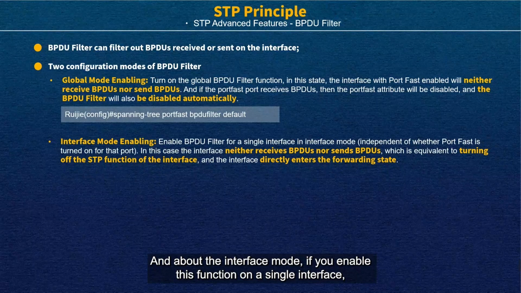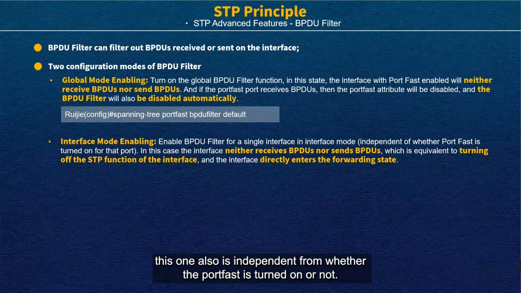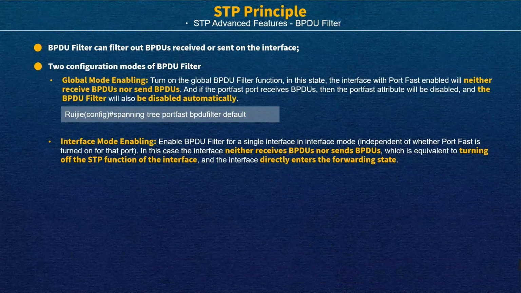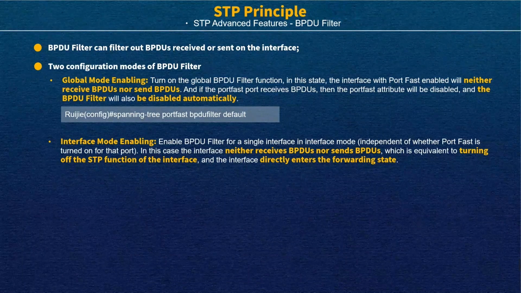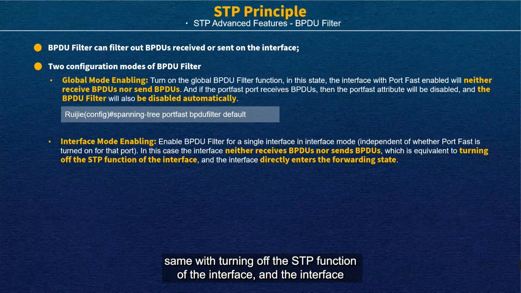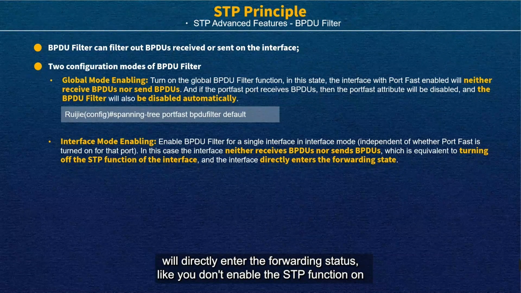And about the interface mode, if you enable this function on a single interface, this is also independent of whether port fast is turned on or not. In this case, the interface neither receives BPDU nor sends out BPDU, which is the same as turning off the STP function of the interface, and the interface will directly enter the forwarding status.